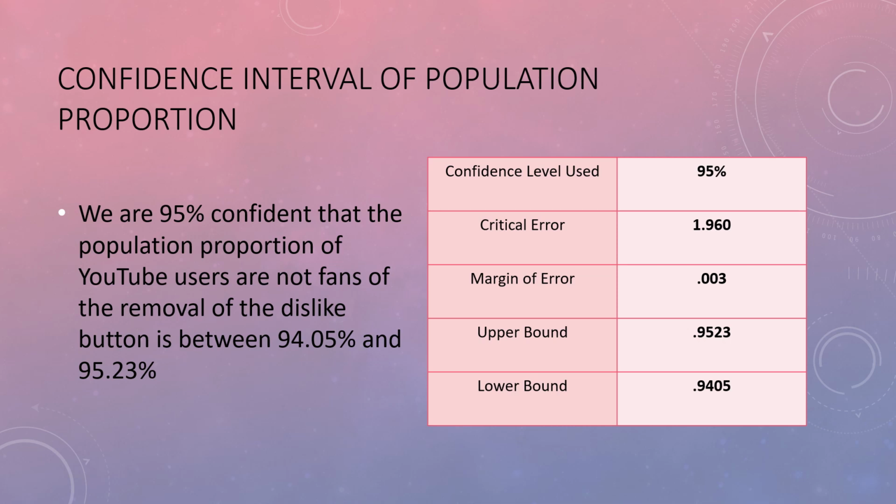That leads us to the statement that we are 95% confident that the population proportion of YouTube users who are not fans of the removal of the dislike button is between 94.05% and 95.23% of the population.